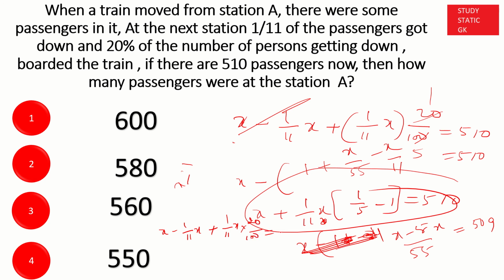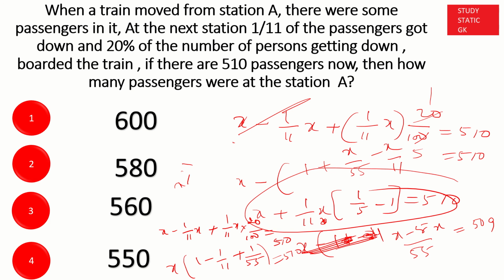So these are again 510. Okay, so taking x common, 1 minus 1 by 11 plus 1 by 55, that is equal to 510.